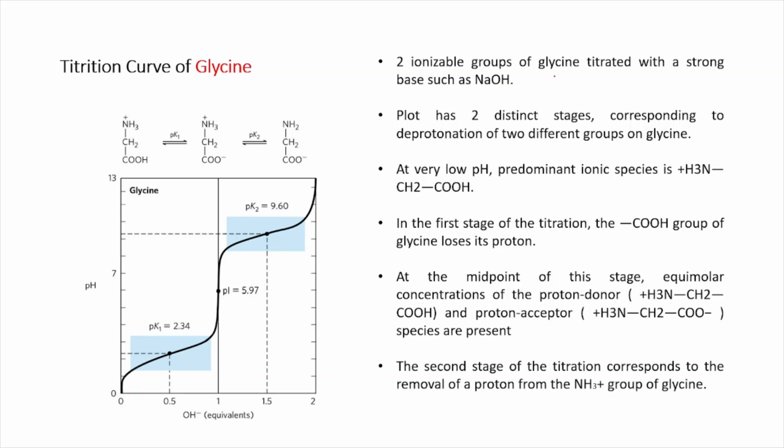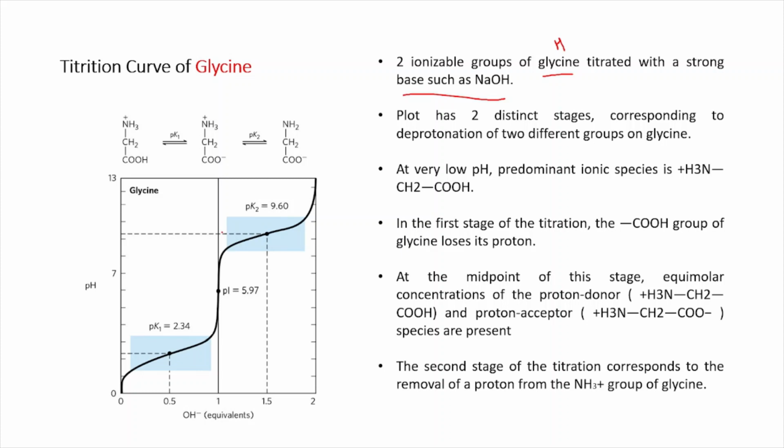We have already said that glycine has two ionizable groups, because the R group in glycine is a hydrogen atom, so it doesn't carry any charge. The two ionizable groups of glycine are titrated with a strong base such as NaOH. Whenever you titrate an acid with a base, you get a characteristic titration curve, more specifically that of a weak acid.